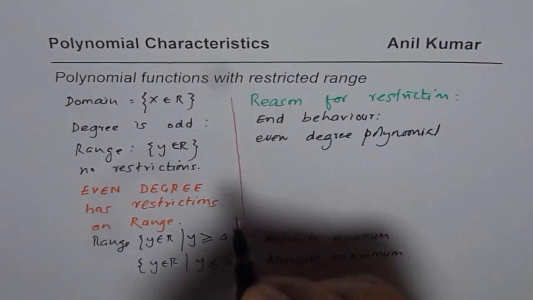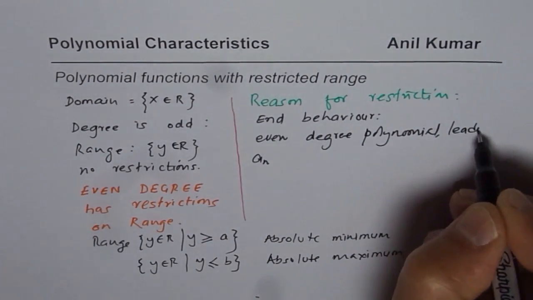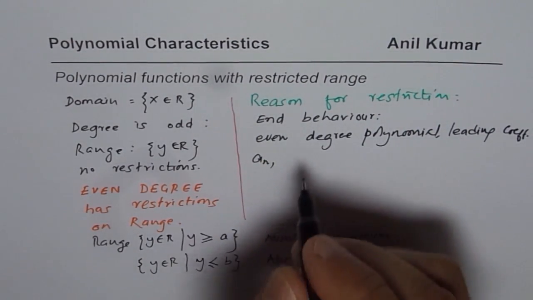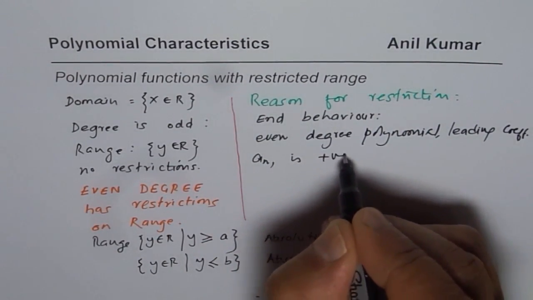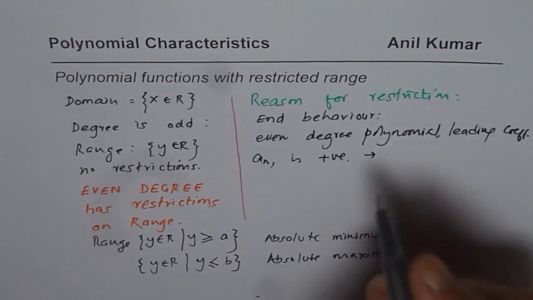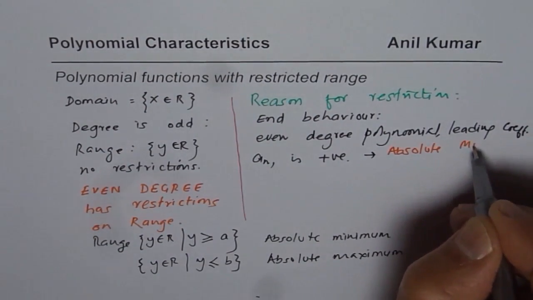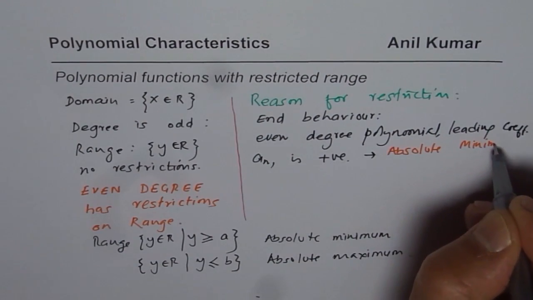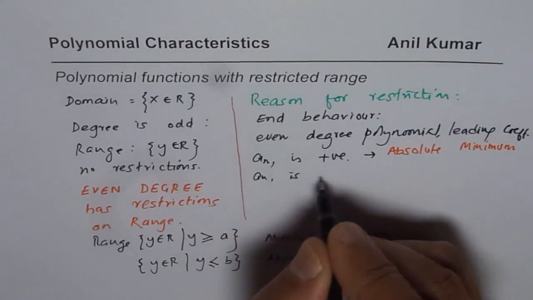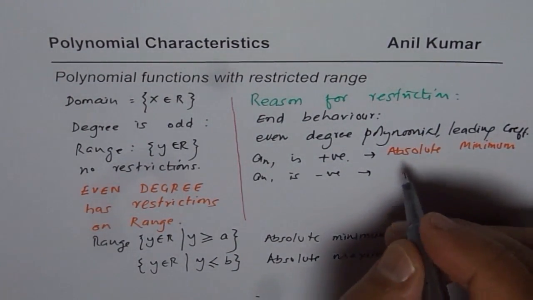For an even degree polynomial, if the leading coefficient, which normally is written as an, is positive, in that case we'll have an absolute minimum. However, if an is negative, we have an absolute maximum.